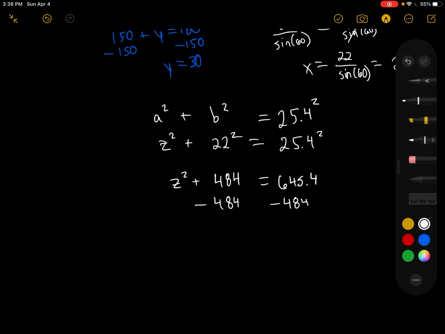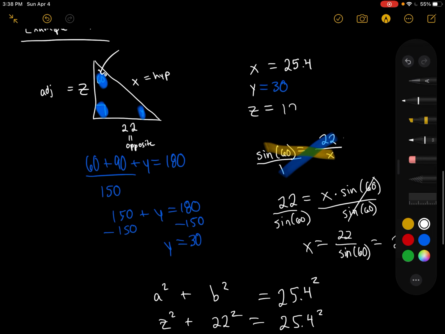And we can subtract 484 from both sides. We'll get 161.4. And then last step, take the root of each of these. So we'll get z equals root of 161.4, or 12.7. So go back to the top, z is 12.7.